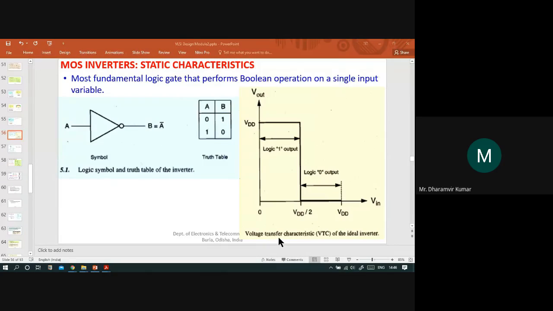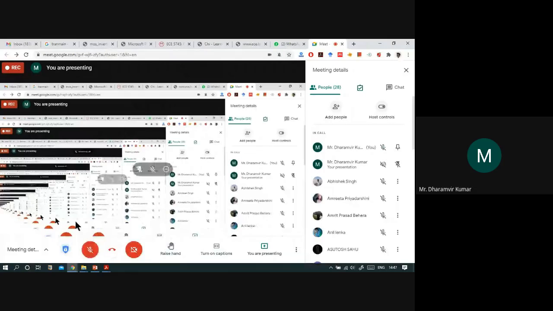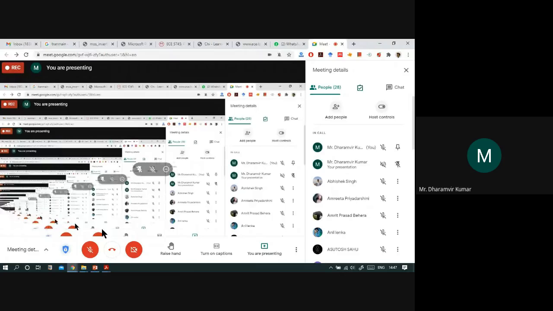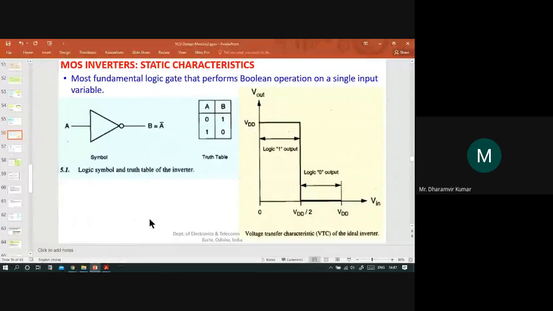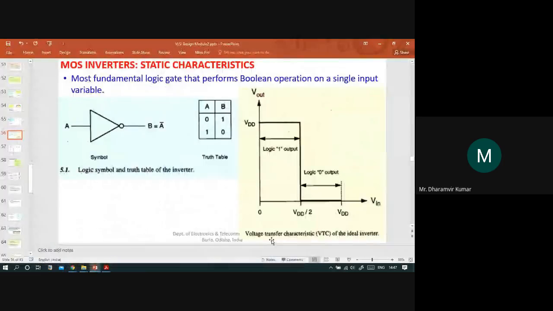Transfer characteristic means this is a plot between the input and output, across the port values.